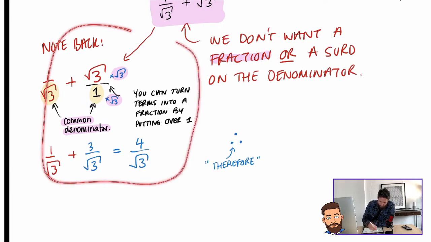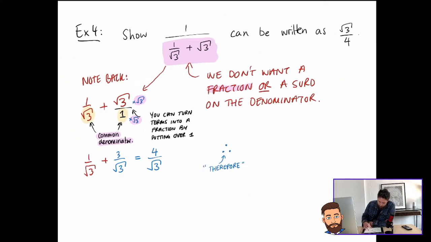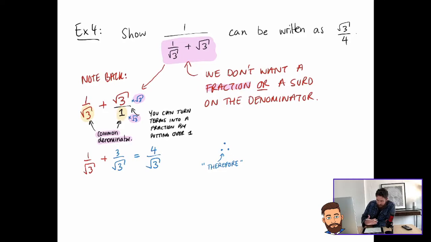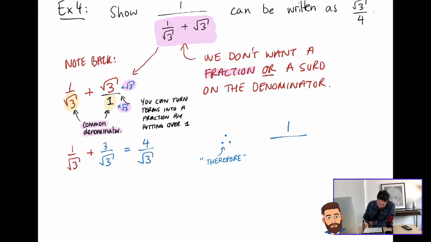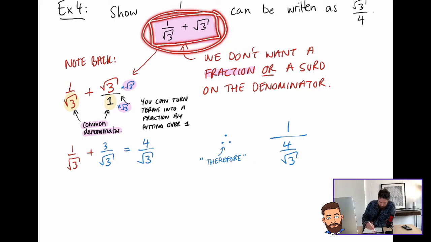We've said some statements here, now I want to say therefore I've got, rather than an equal sign, therefore fits better. I've got 1 over 4 over root 3. So I've sort of got rid of the horrible looking fraction and surd and turned it into just one fraction.